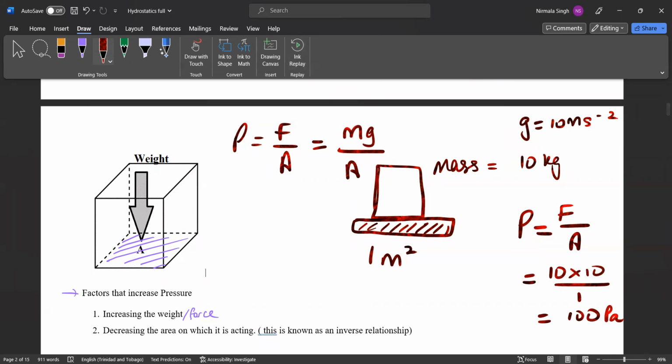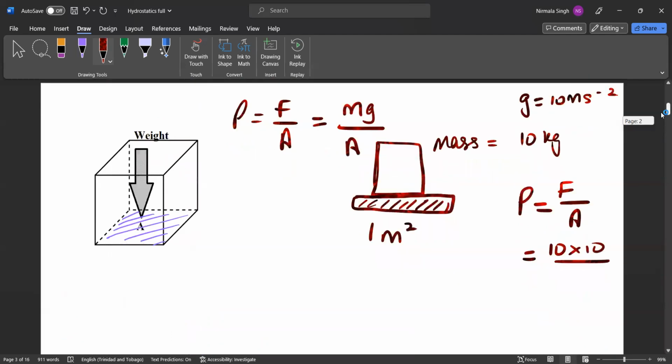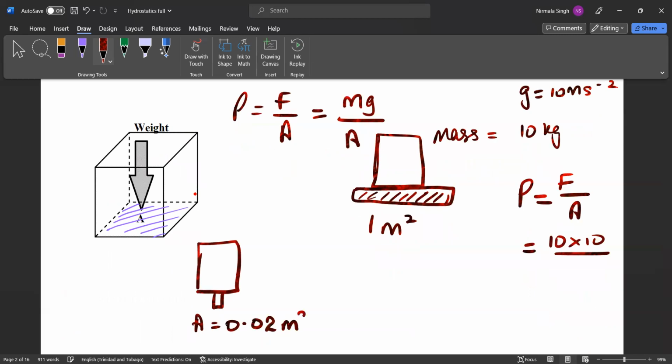Let's look at a second one. Let me just get some space on the screen. Now, suppose in the same situation, my same object is now on a tiny little space, and my area is now 0.02 meters squared.